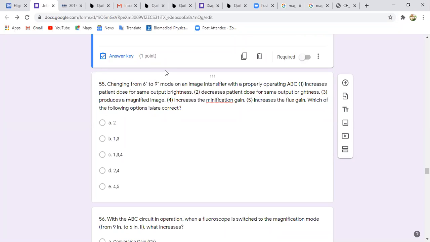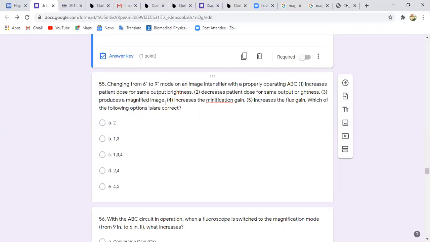If you move from 9, during a particular procedure, you just change the image intensifier, which is not practical. You don't suddenly call engineers and say, let's remove this image intensifier and replace it with another one. No, that doesn't happen.